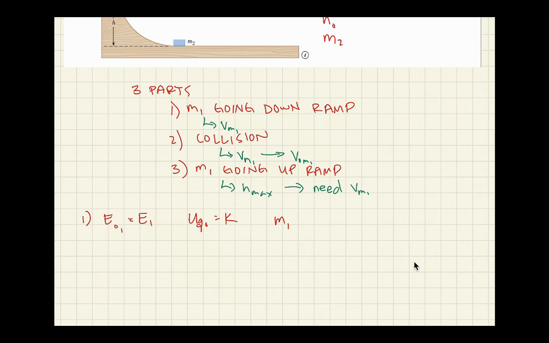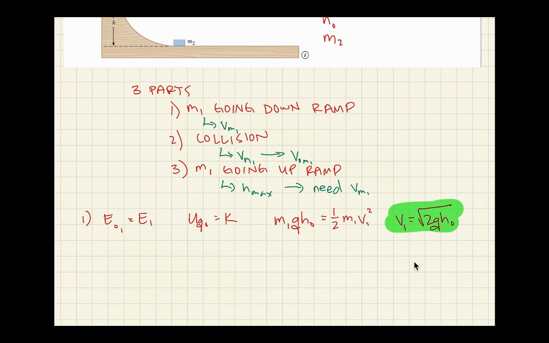So m1 times g times its original height is equal to 1/2 m1 times its velocity at the bottom of the ramp squared. Solving for the velocity, v1 is equal to the square root of 2gh0. That's how fast block M1 will be moving at the bottom of the ramp.